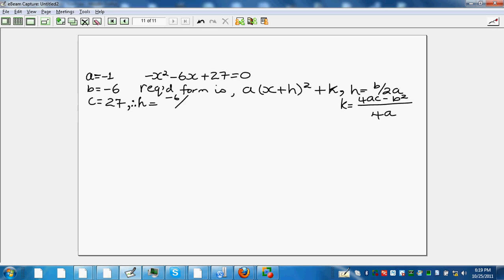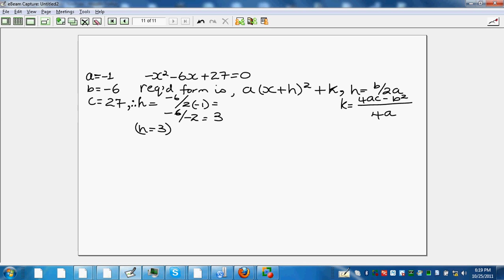This works out to be minus 6 over minus 2, which works out to be 3. So what we are saying is h is equal to 3.